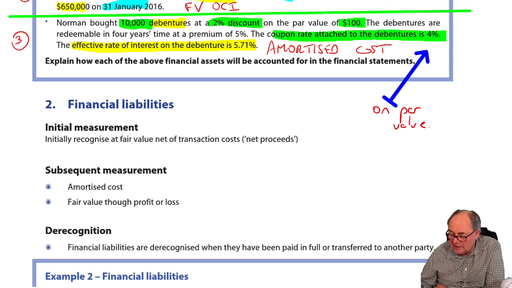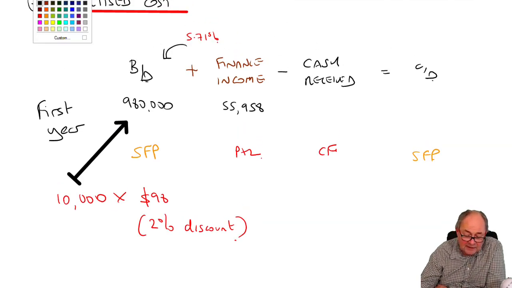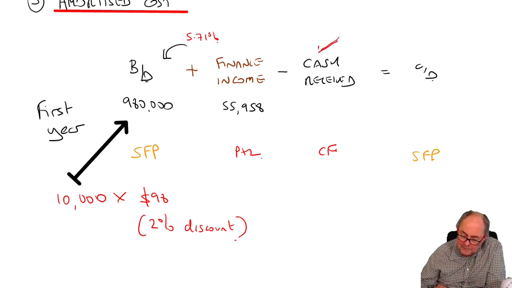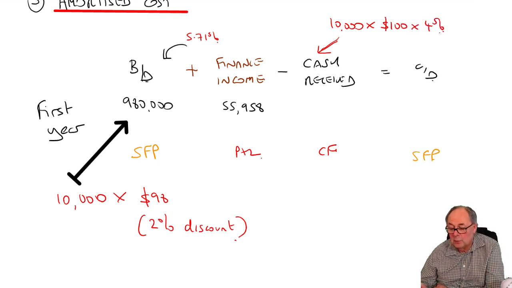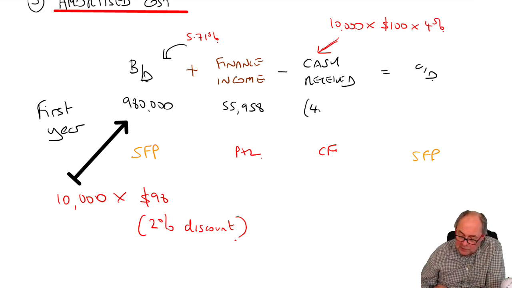It's just the way that these agreements are drawn up. So if you're trying to work out the coupon, which will be the same every year, which is the money that they give us, that's going to be 10,000 times $100 times 4%, which I think would give me a cash payment to us of 40,000.